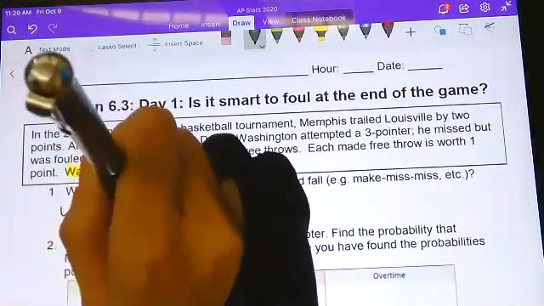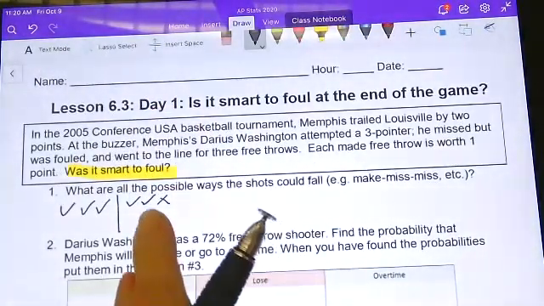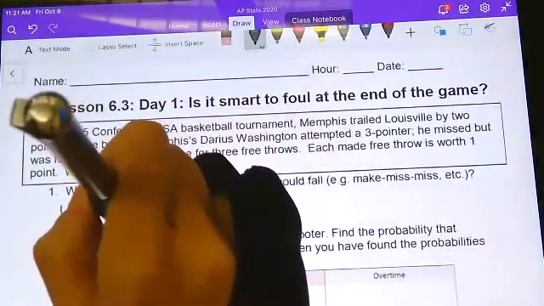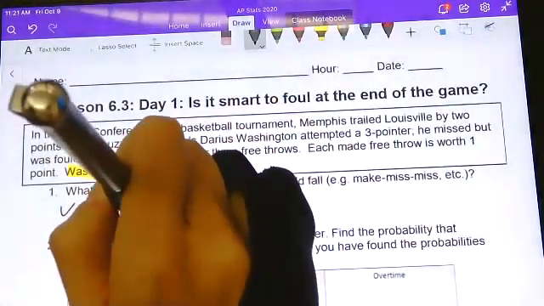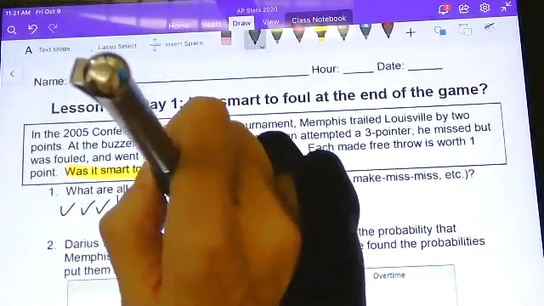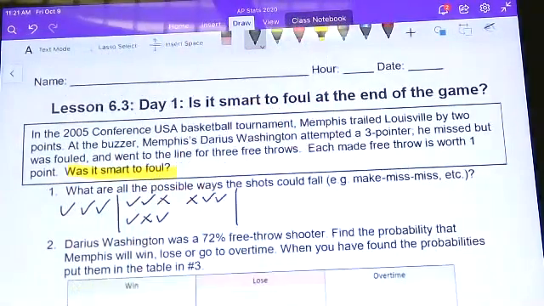So like this. He makes the first 2 and then he misses. But that's not the only way to make 2 shots out of 3. It could be he makes this one and then misses and then makes that one. Or it could be that he misses the first shot and then he makes the next 2. But that's all the ways that he could make 2 out of the 3.